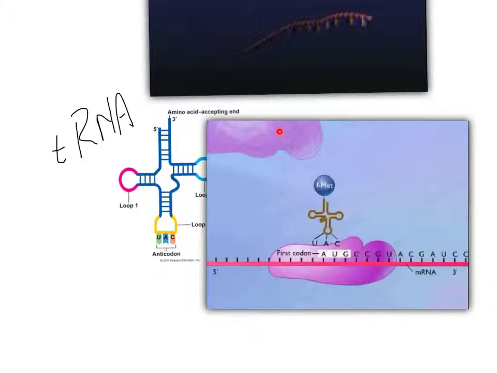The RNA attaches to the small subunit, and then the large subunit attaches to the small subunit, and one of these tRNA molecules. And remember, I said that all proteins start with methionine. So the tRNA molecule bringing methionine comes and binds to AUG, complementary base pairing there.